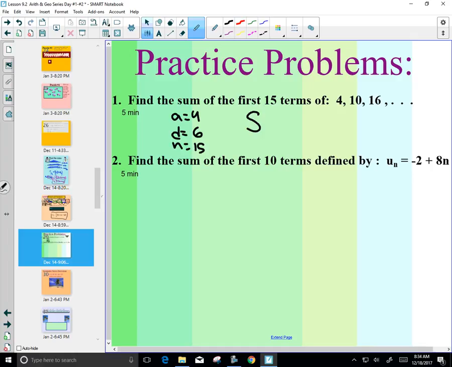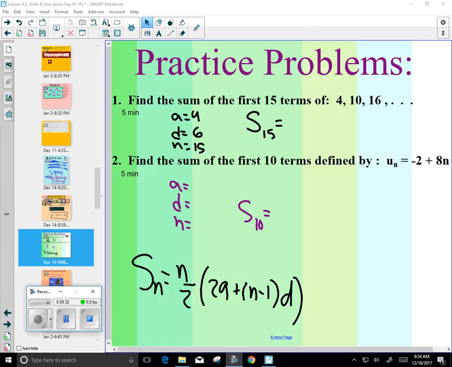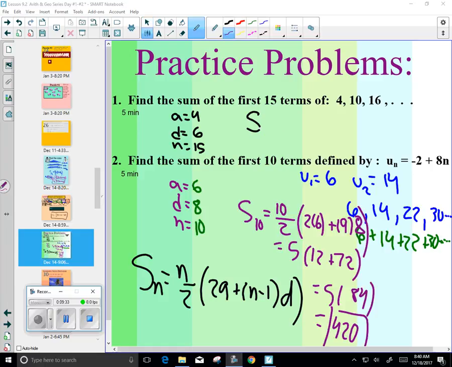Find the sum of the first 15 terms. And then this one, you're going to find a, d, and n, and you're going to find the sum of the first 10 terms. Use that formula of n over 2 times 2a plus n minus 1 times d. These are the arithmetic type.